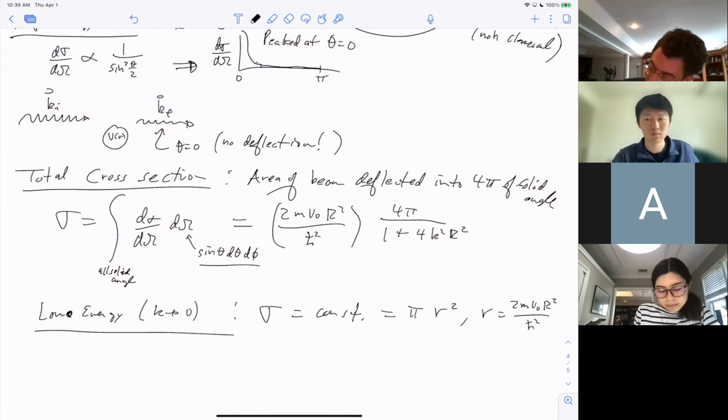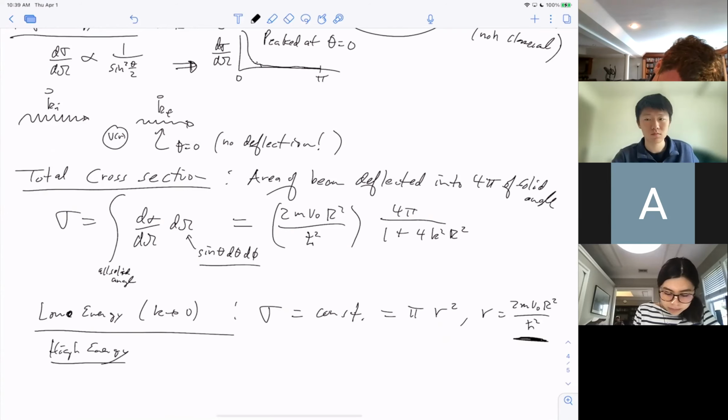So the total cross section corresponds to some area where the radius is some effective radius, given by this thing when you do the math. And then for high energy, when k goes to infinity, the cross section is what? What's the cross section? Tell me.